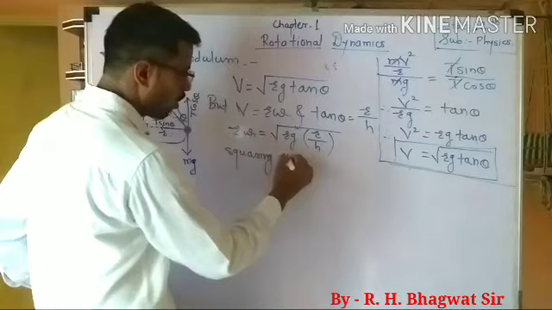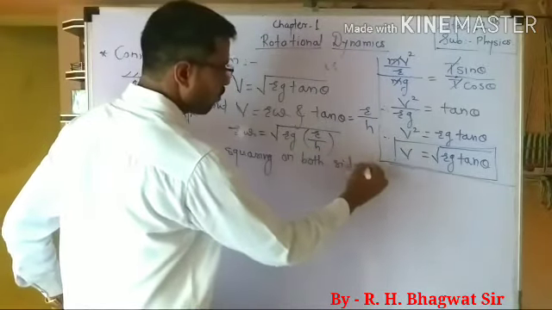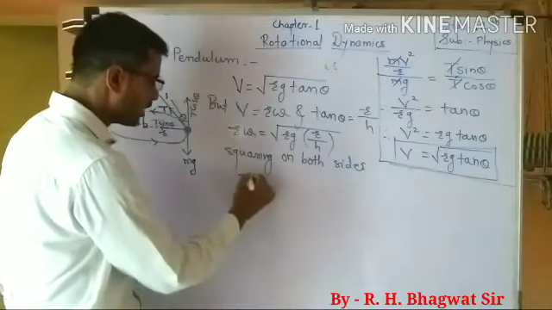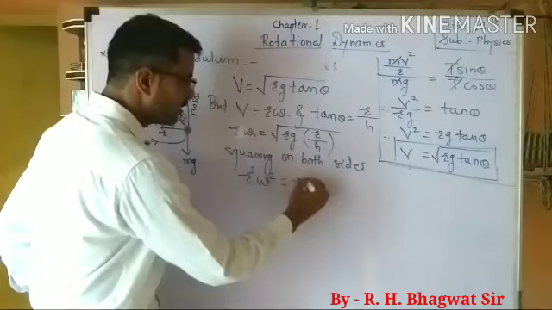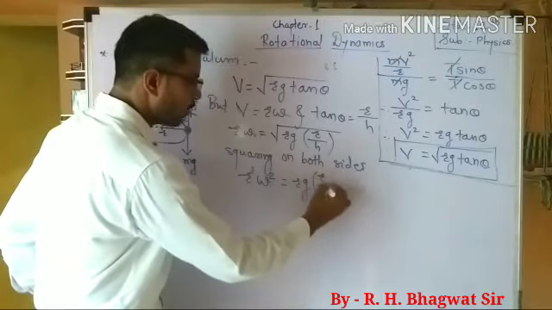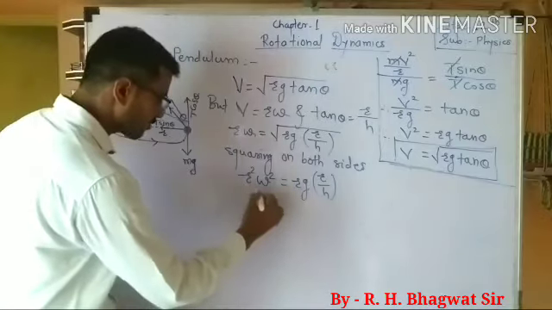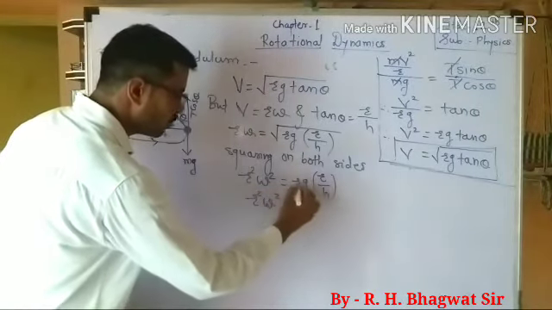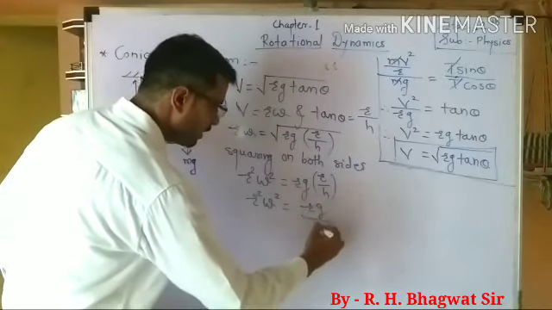Squaring on both sides, we get r square omega square is equal to r g in bracket r upon h, or r square omega square is equal to r square g divided by h.